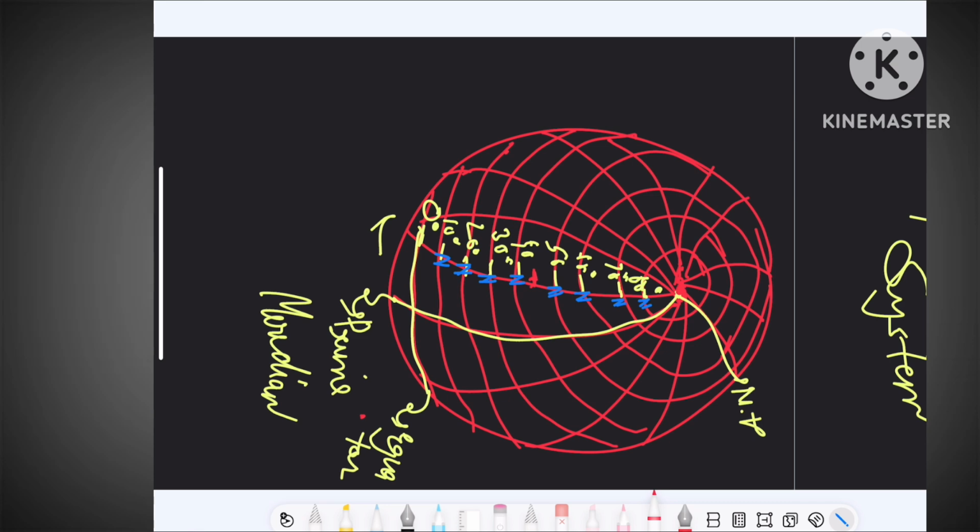If a place is located here and a place is located here, both are in the 45-degree north. So this place is 45-degree north of the equator. Understood?